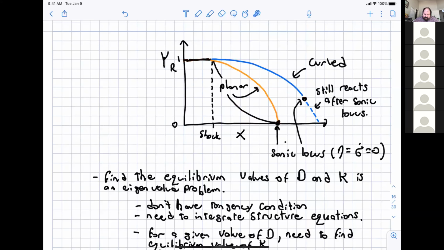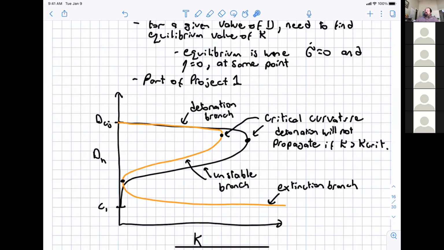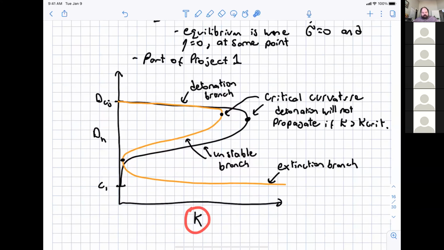Then we went over the procedure for how to find this, and that's what project 1 for you guys is all about. In general, if you plot the detonation velocity of the curved detonation as a function of the curvature of the leading shock, you'll produce either this P-shaped curve or this S-shaped curve.